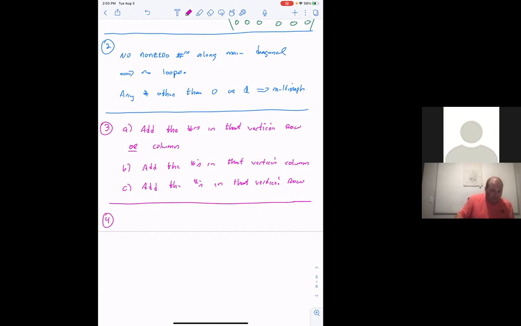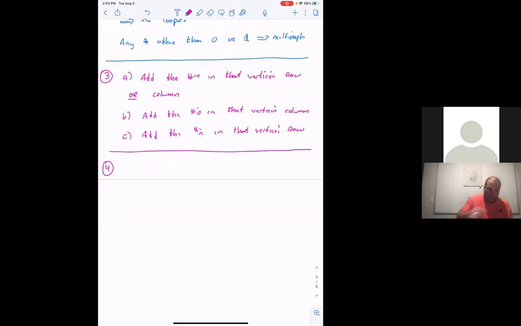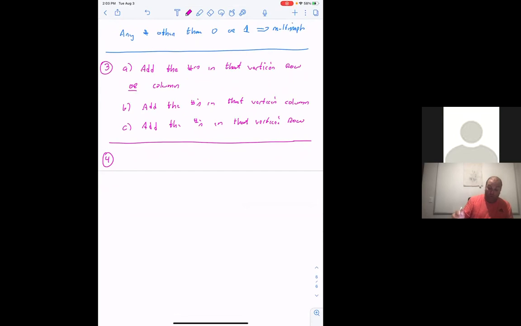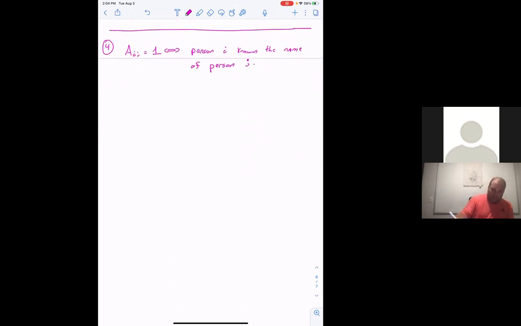The following adjacency matrix shows the relationships between a group of people where a 1 in the entry of row I, column J, indicates that person I knows the name of person J. So A sub ij equals 1 if and only if person I knows the name of person J. Now, this is certainly going to be a directed graph because I know a famous actor's name, but that famous actor is not going to know me. Just because you know a name in one direction, you don't automatically know it in the other.